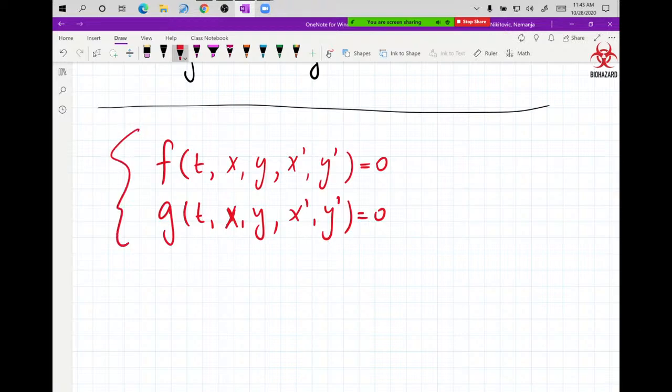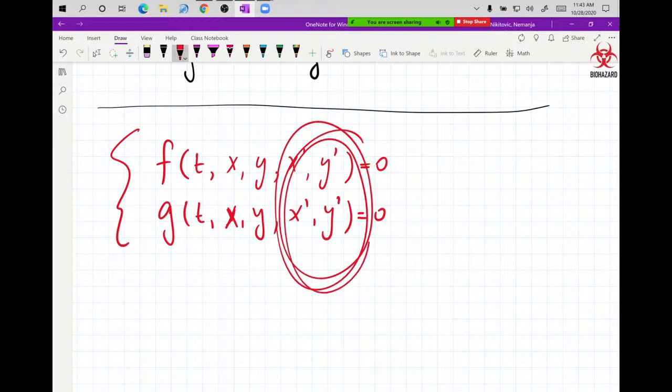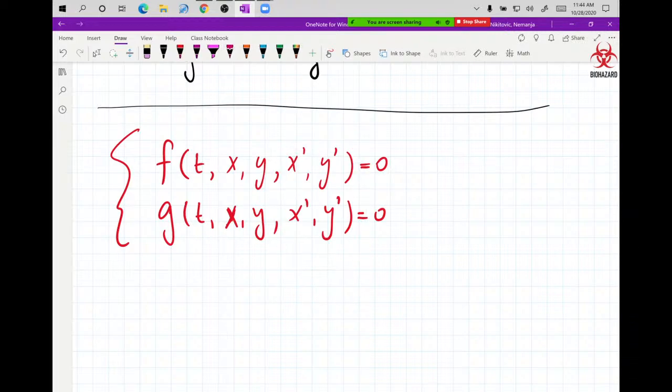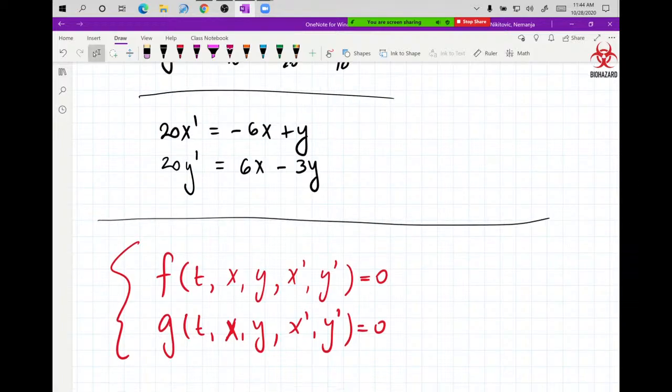So here are the two equations, and clearly they are first order because the only derivative that you see inside is the first derivative. Now our mechanical problem did not qualify for this because of the x double prime, right? But our mixing problem for tanks does fit into this category.